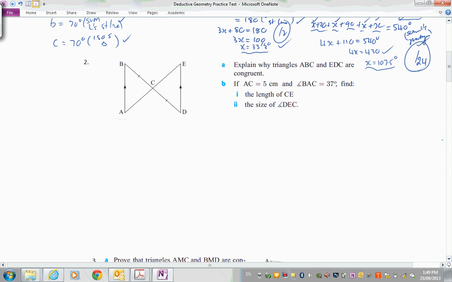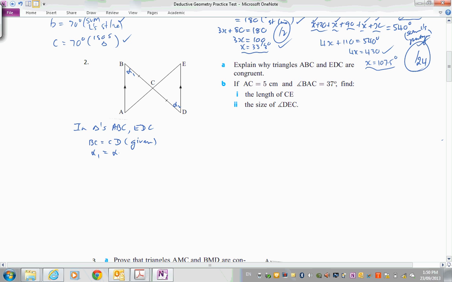Explain why triangles ABC and EDC are congruent. So we usually say in triangles ABC, EDC. Let's get the matchups. BC equals CD, that's given. Deductive reasoning now. Alpha 1 equals alpha 2.